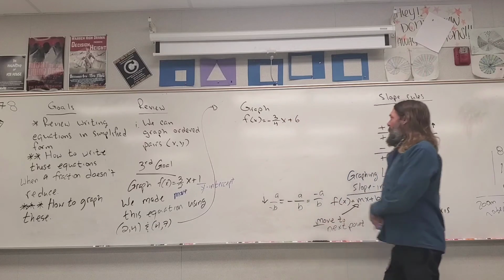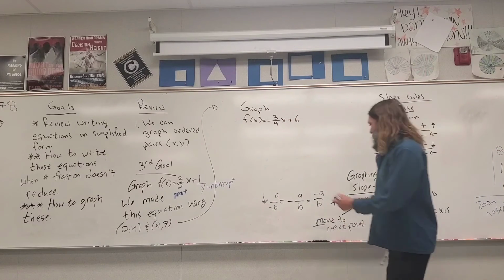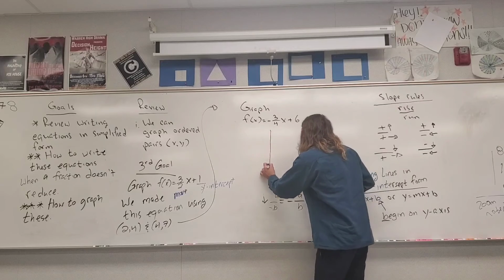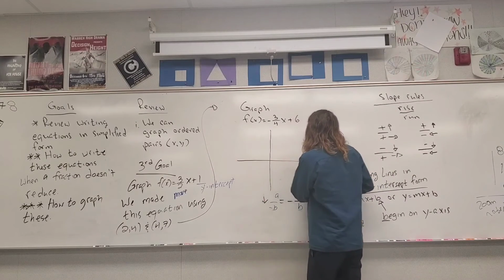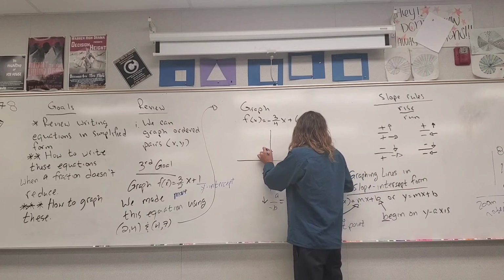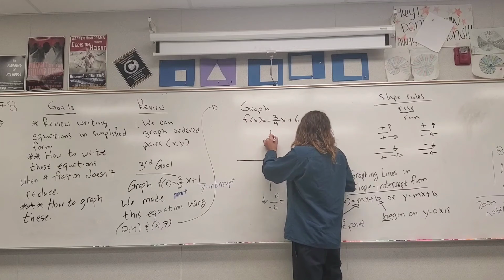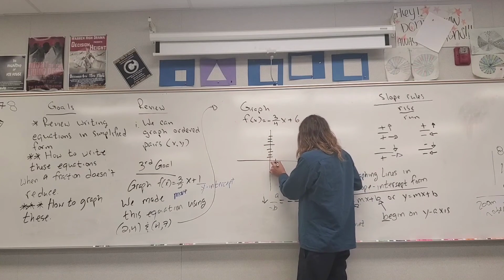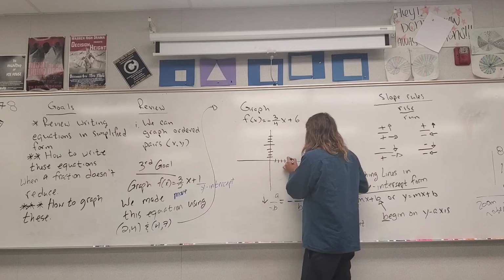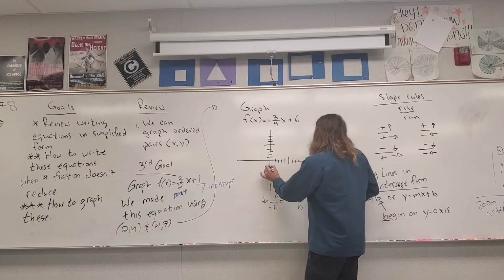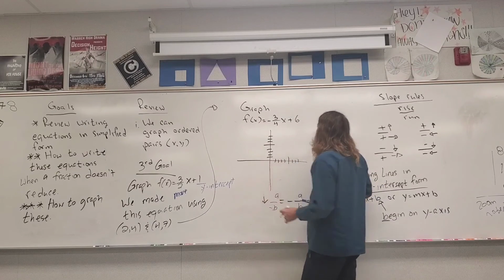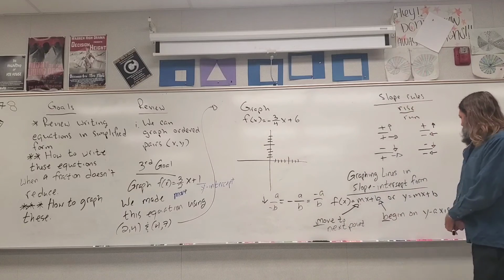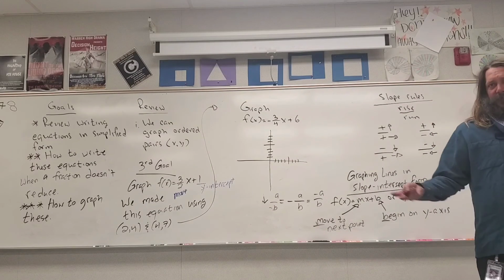Okay. So I want to graph this. Let me make a graph real quick. I should probably make these lines closer together. Alright. So again, this is really easy to do.